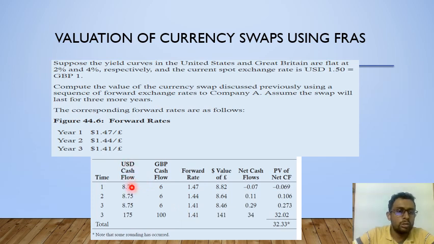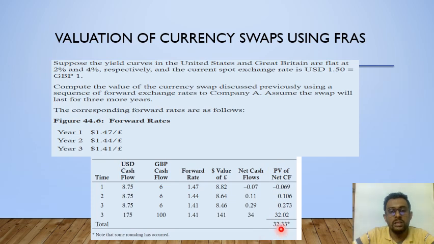So USD cash flows will be 8.75, 8.75, 8.75 and 175 in year 3. GBP cash flows will be 6 million for 3 years, and in the last year 100 million will also come. The forward rates are already calculated or given. We'll be putting 1.47, 1.44 and 1.41. We'll convert GBP into USD using these forward rates, net it off, and find the present value of the netted cash flows using 2% as the discount rate.